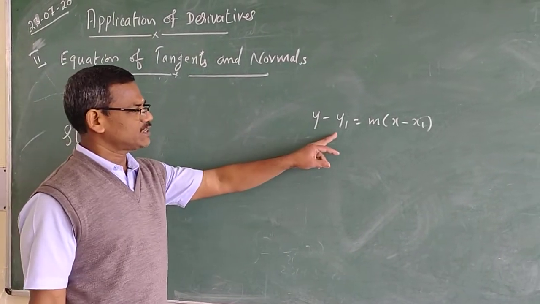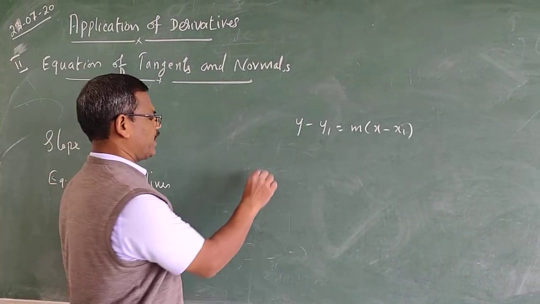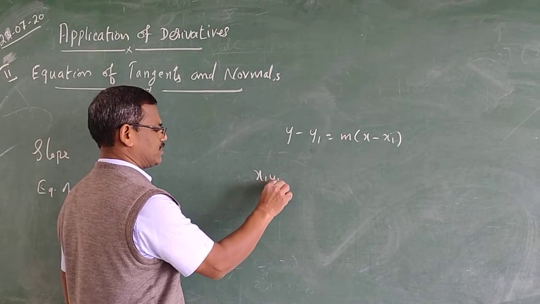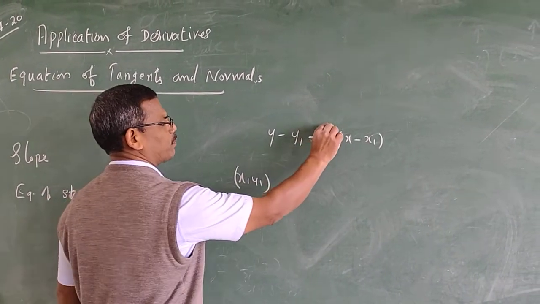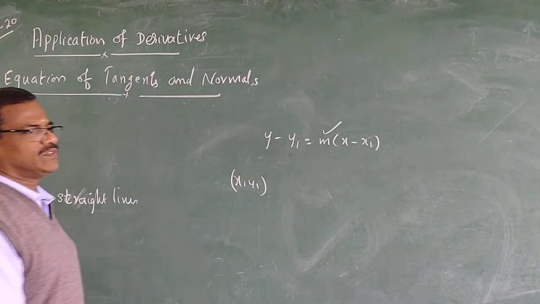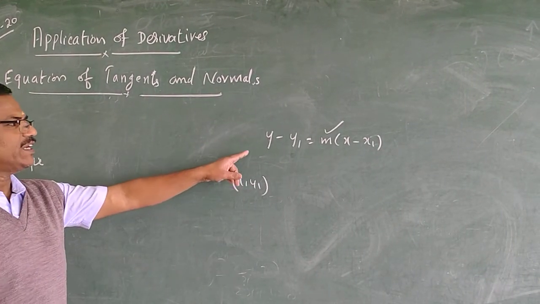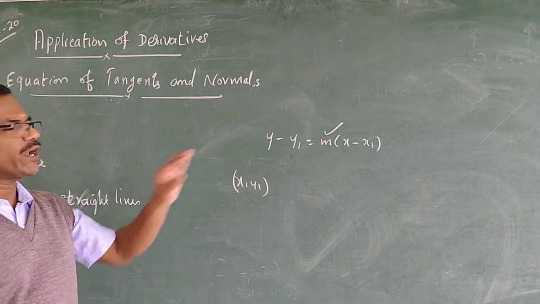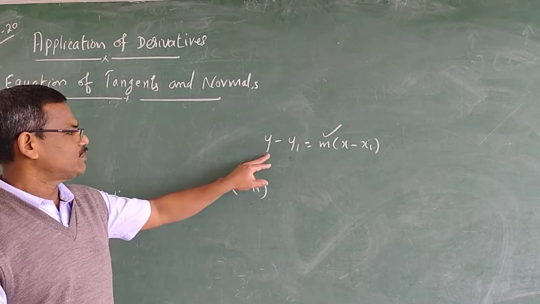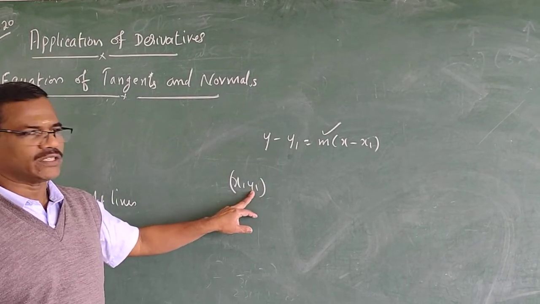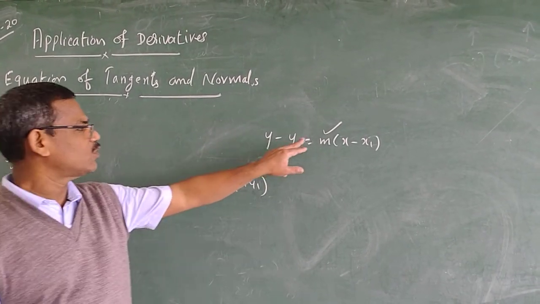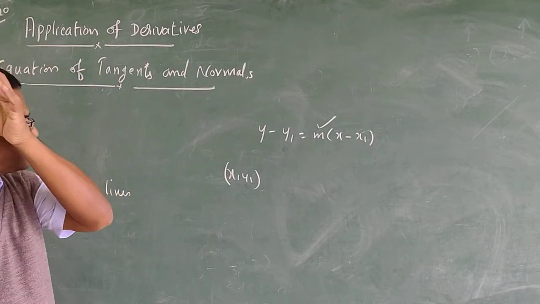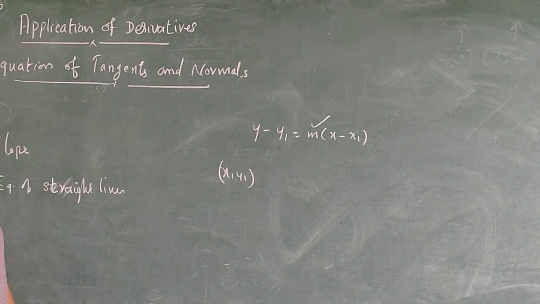This is the equation of the straight line passing through a point (x1, y1) having the slope m. We call it, in short form, the point-slope form.